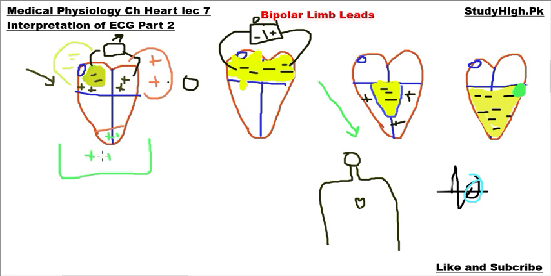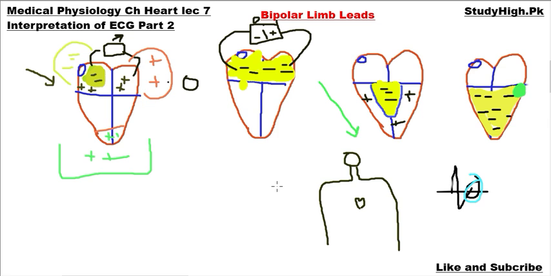So our heart helps us in determining its functioning by spreading the potentials generated in our cardiac muscle to different regions, to the fluid surrounding the heart, to our chest, and to our limbs.